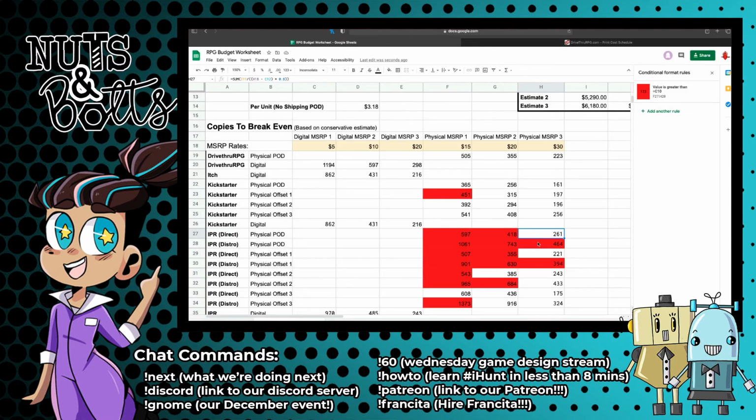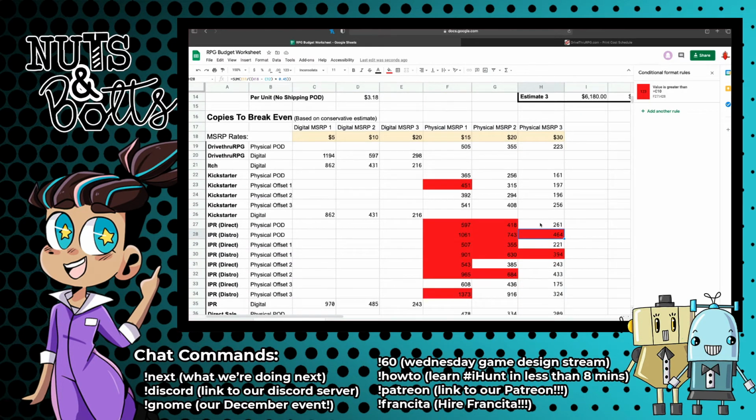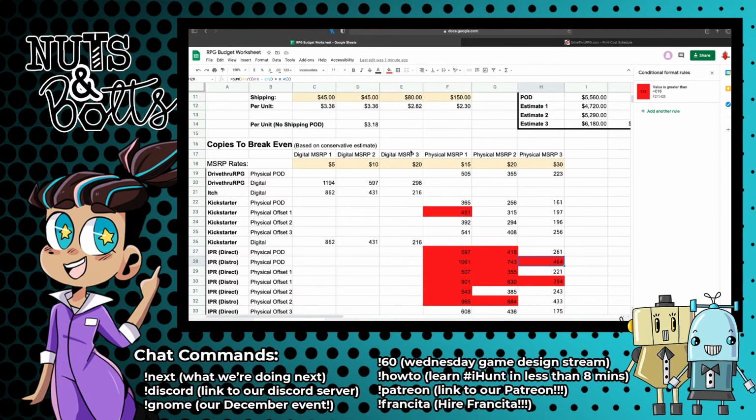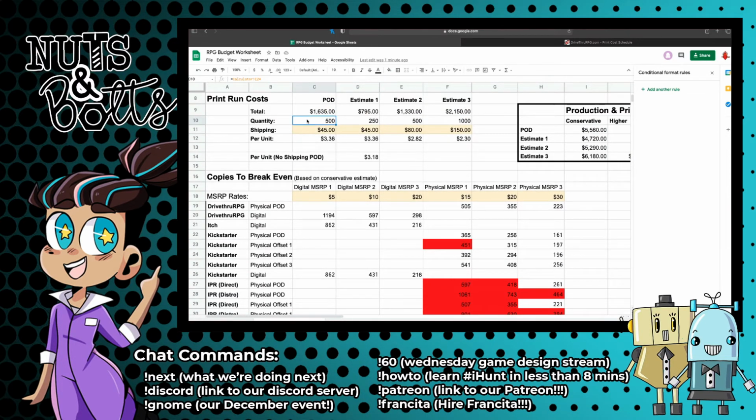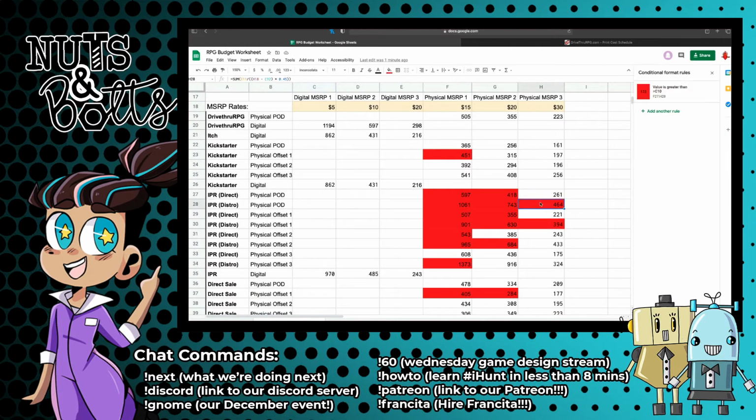It's a little weird. It didn't auto recalculate, but that's okay. I'm sure if you close the spreadsheet and open it back up, it will probably fix that, because the conditional formatting rule is there. The value is greater than C10, and that is C10. And that is definitely 500. Okay, but let's pretend that turned green.